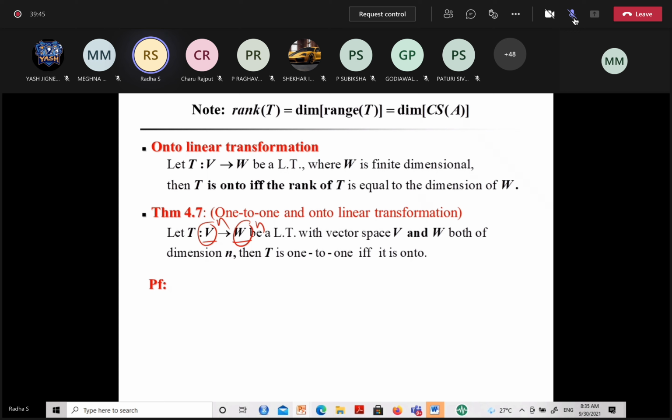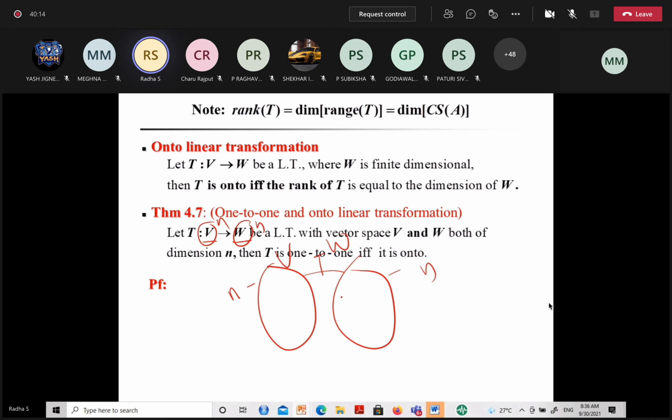Clear? Ma'am, could you repeat? Once again. See, there are two vector spaces, V and W. T is a linear transformation. And one more thing, the dimension of this is also N, this is also N. This is given.